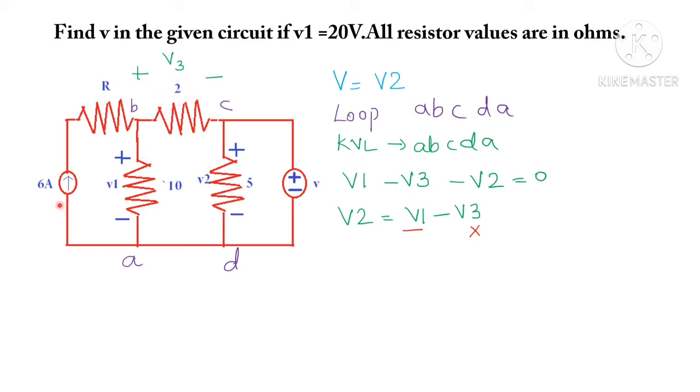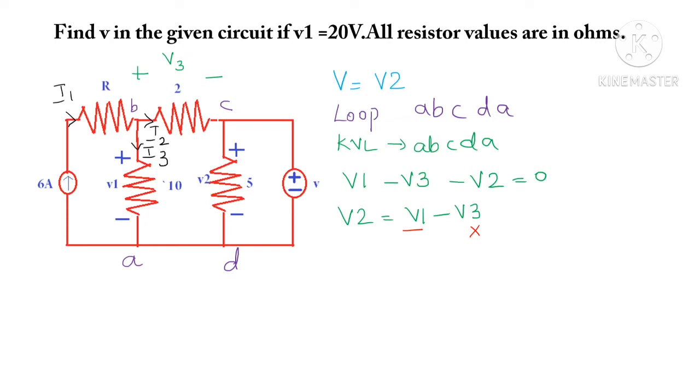We have been provided with a current source of 6 amps. We know V1, we know this resistor value. We will find what is the current through the 2 ohm resistor. So for that, let us denote the currents. Here, let us denote the current as I1, this current is I2, and this current is I3.